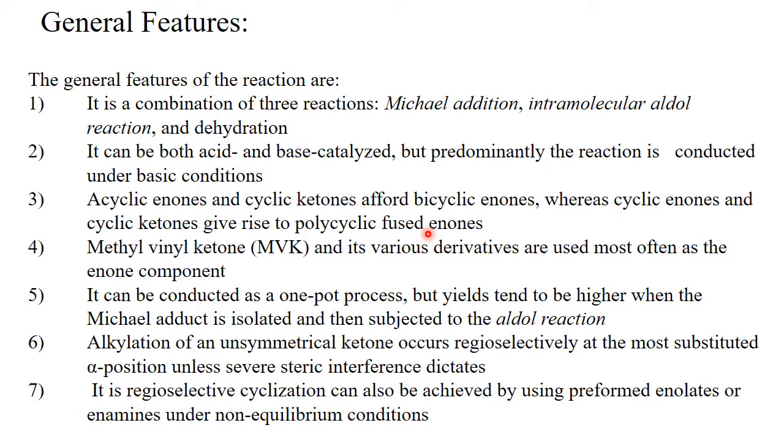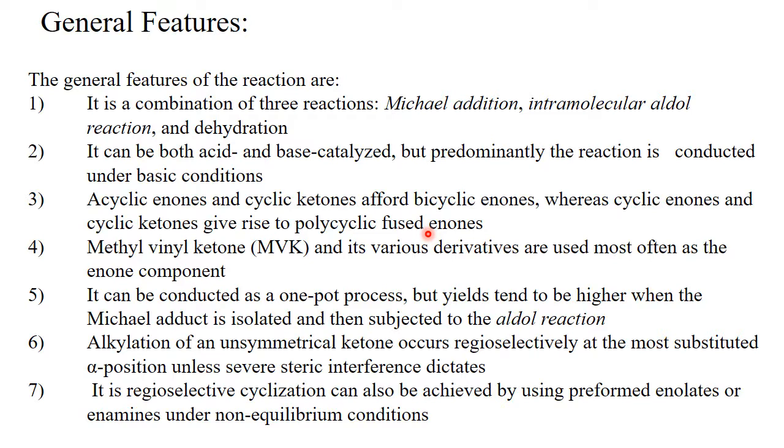Robinson annulation reaction is acid or base catalyzed, but predominantly the reaction is conducted under basic conditions. The reactants may be acyclic enones and cyclic ketones.